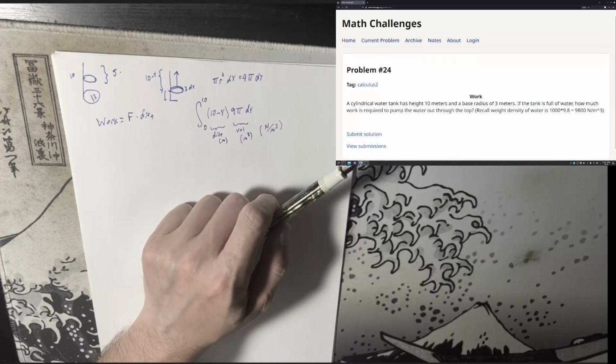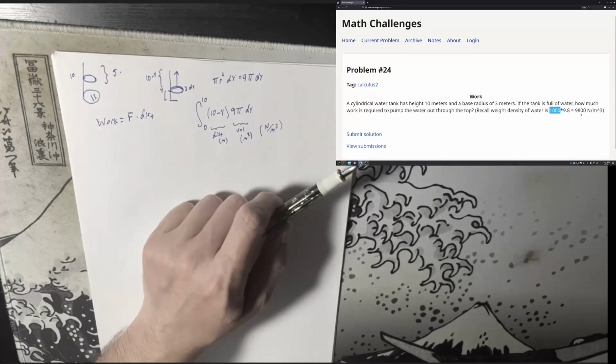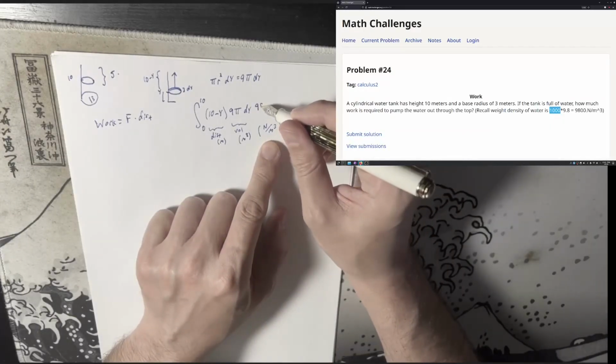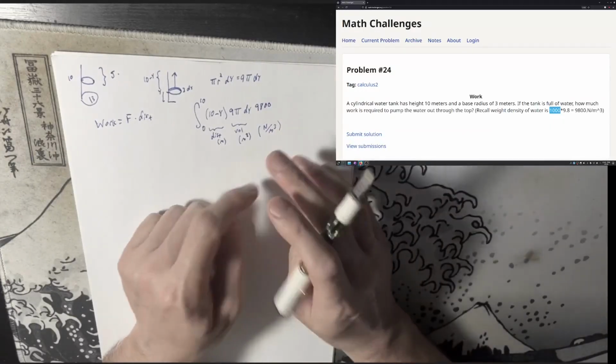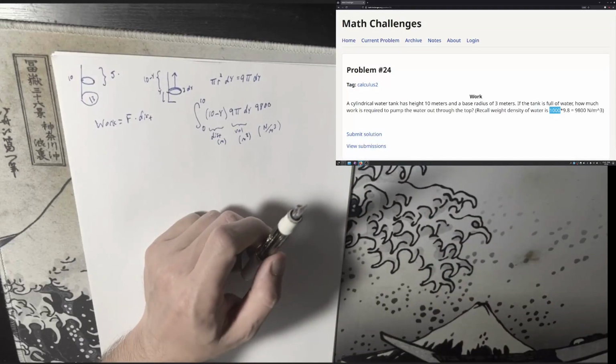And this is density, so this is kilograms per cubic meter. Hopefully that makes sense? I'm not going to jot it down, but that's where this number comes from. 9.8 times 1,000 kilograms per cubic meter.